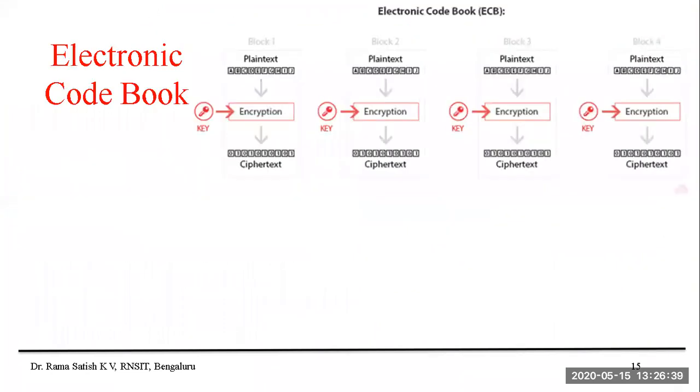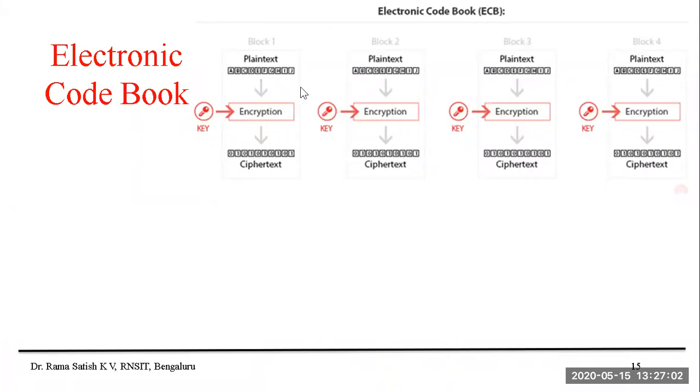Next, during this encryption, you will find one very technical term. We call it electronic code book. You have the plain text, and using the same key, encryption happens.